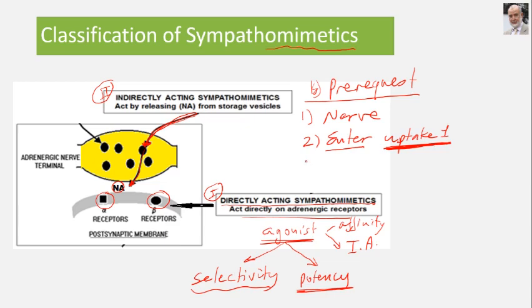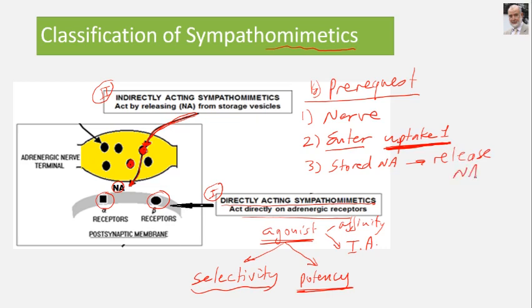Third, there should be stored noradrenaline. As we said in the last presentation, noradrenaline is stored in the storage vesicles. There should be stored noradrenaline so that these drugs can release it.